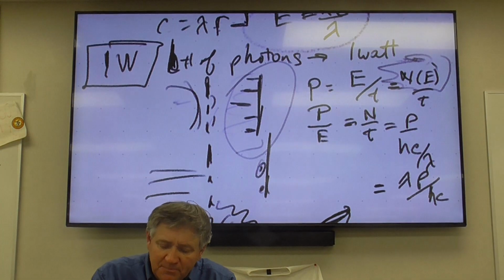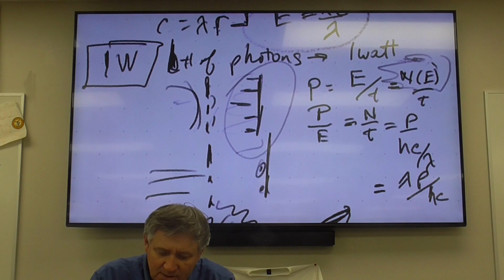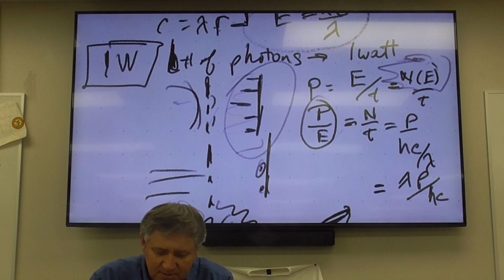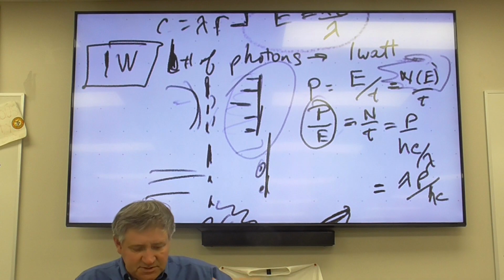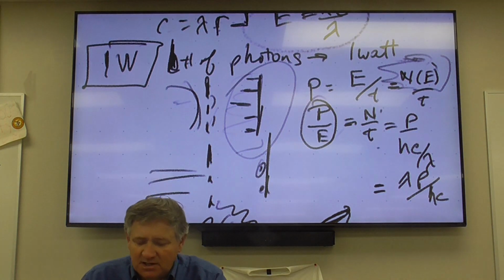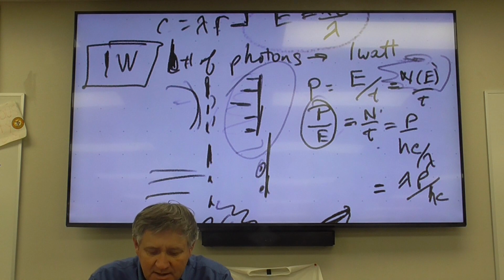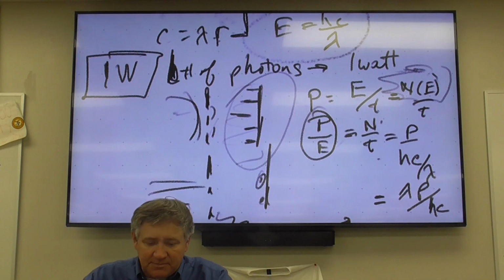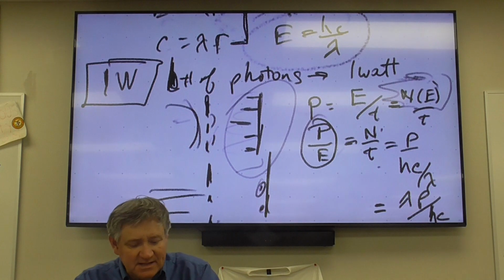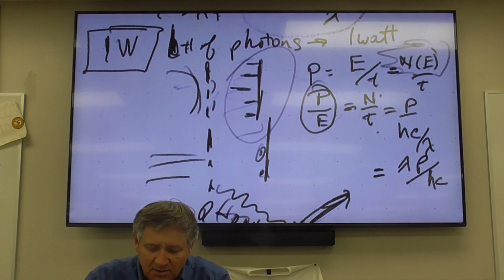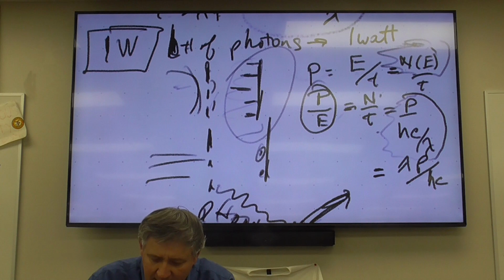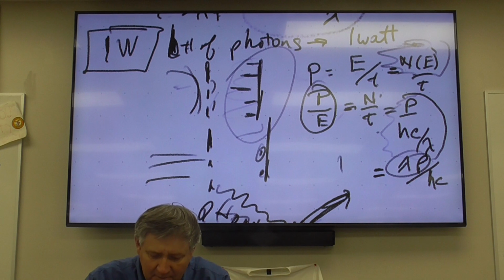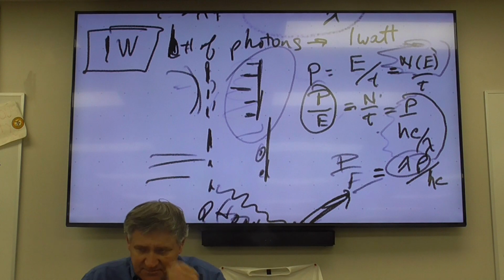So if you do a little bit of rearranging and you divide this by energy, you get power over energy equals the number of photons per unit of time. But we also up here said energy was hc over lambda, and that's equal to power over time. So if you do a little bit of rearranging, you get this. And then the lambda flips up and you get power over energy, which is this function of time.